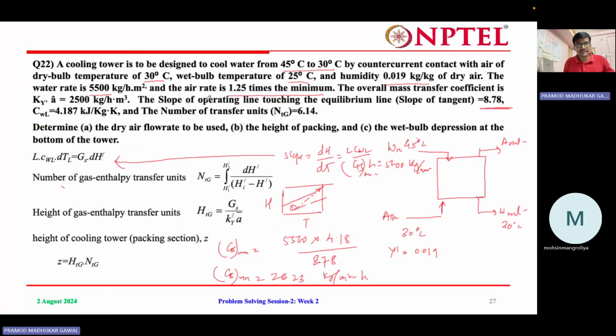But here it is mentioned that the air rate is 1.25 times the minimum. So the actual air rate equals 1.25 times 2623, which is 3279 kg per meter square per hour. That's the actual air rate. That's the first part.